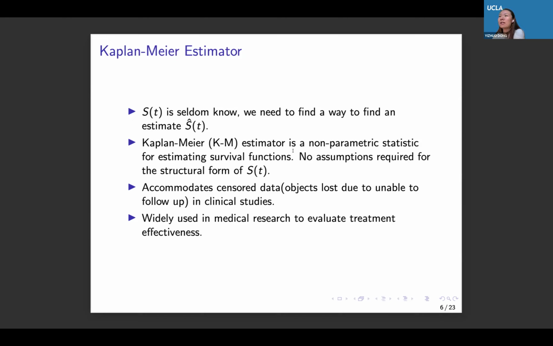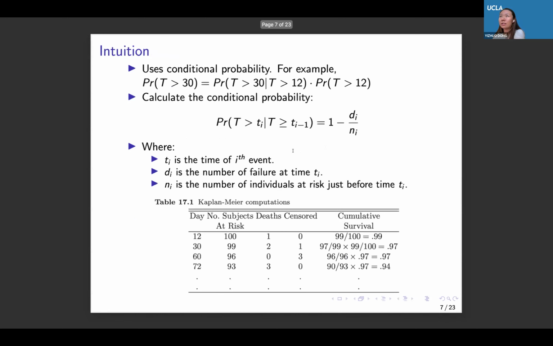Another advantage is that it can accommodate censored data. Censored data is when sometimes you lose track of some of the subjects. For example, patients transfer to another hospital and you lose track of them. Such things are very common in clinical studies. That's one of the reasons why the Kaplan-Meier estimator is very popular in this area of study.